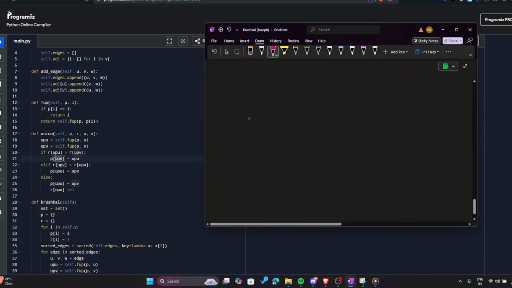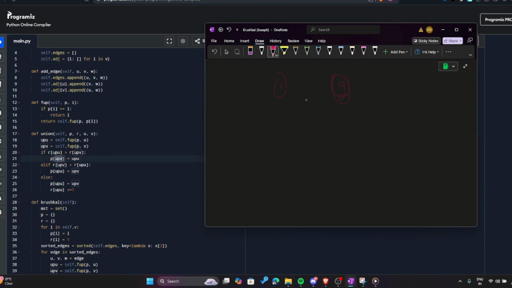So if I had one of these nodes, let's say 1, and I had another one, which is 2, I'm going to check, as I said before, the rank of both of these. Initially, the ranks of the nodes would be equal to 1. Since they're equal, I would have to increase any one of these.